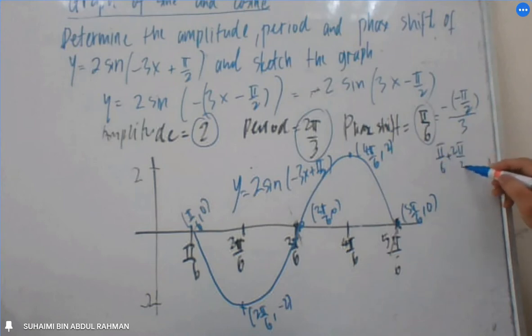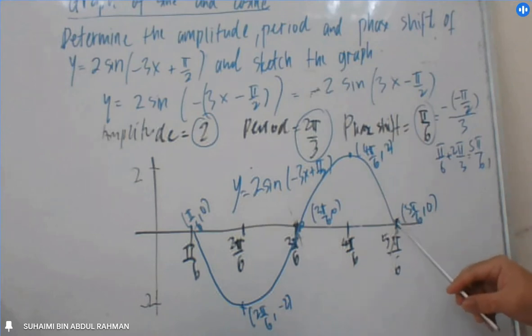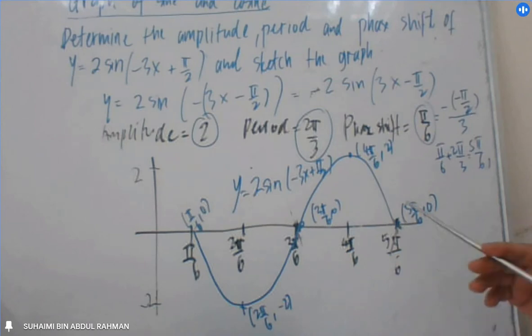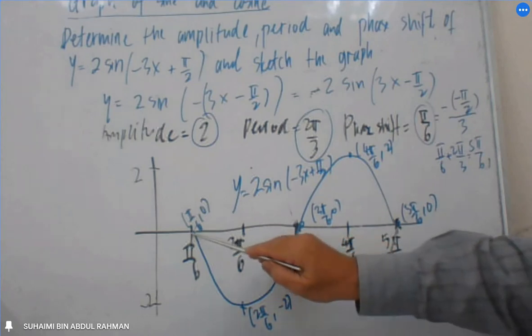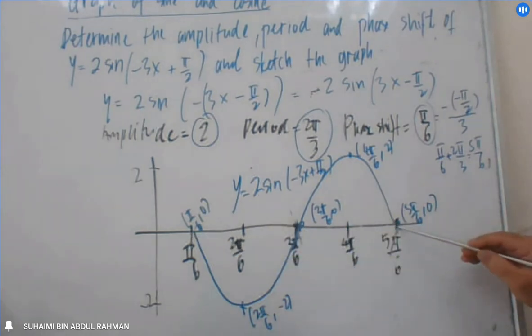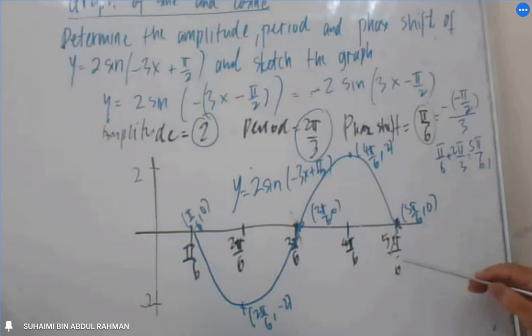Period in this case is 2 pi over 3. You get 5 pi over 6. That's the reason why we stop here at 5 pi over 6. Start at pi over 6, stop at 5 pi over 6.